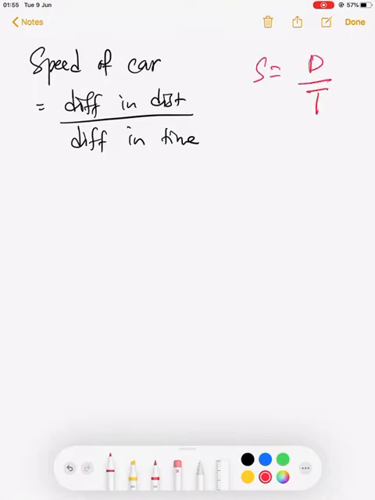Back to our working solution. The difference in distance for the car is 150 minus 0, and the difference in time is 2 minus 0, final time minus initial time.